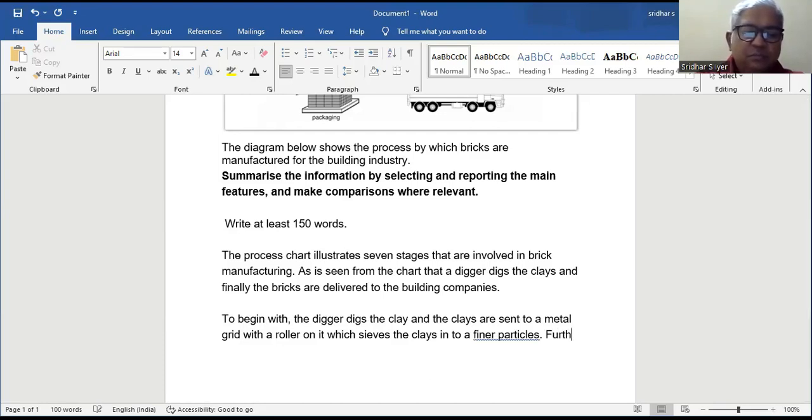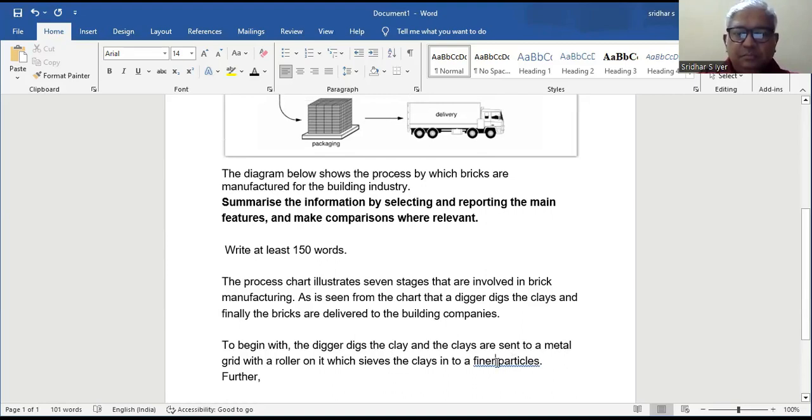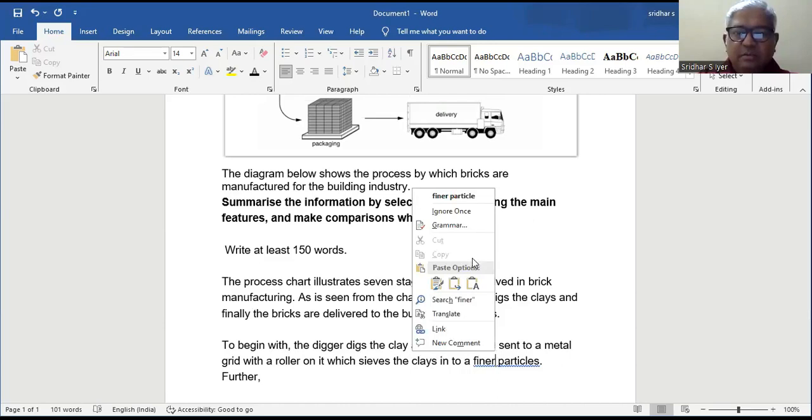Further, okay, so what else? So finer particle.